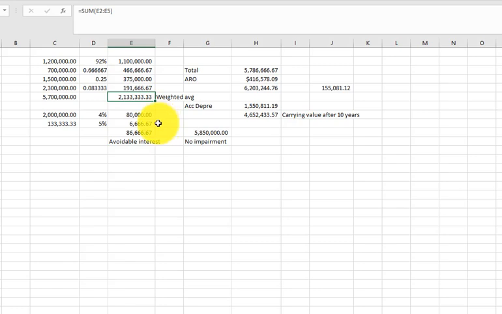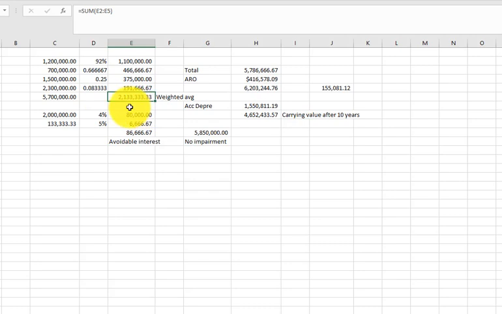And so our weighted average is only 2,133,333, even though our total cost is 5.7, because we spent a lot of the money right towards the end, and so we didn't have to owe for very long. That weighted average of our expenditures that we're going to use to calculate the interest is only 2.1 million.